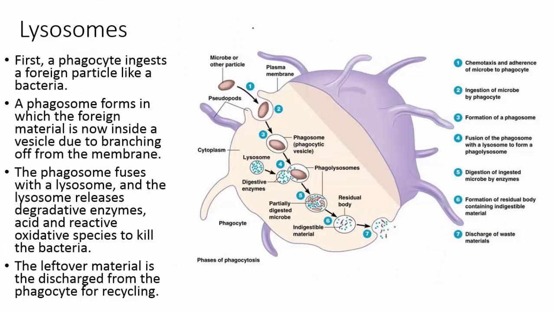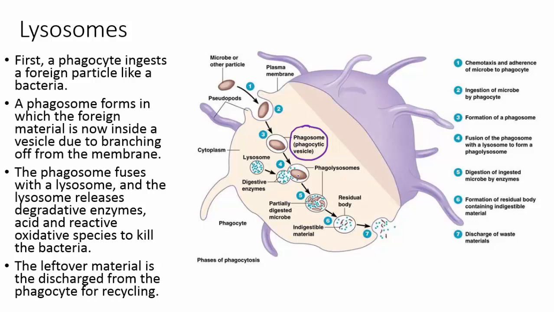Just to recap real quick, the immune cell is engulfing the microbe, and in the process the microbe gets enclosed in a phagocytic vesicle. Then a lysosome combines with that vesicle, and the lysosome essentially dumps all of its contents into there: reactive oxidative species, enzymes like proteases and nucleases, and acid.